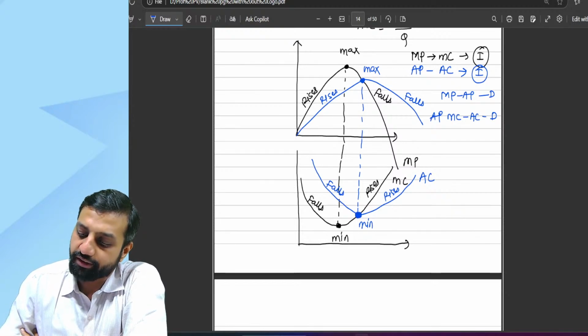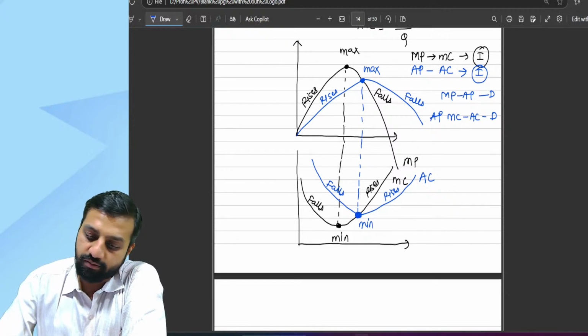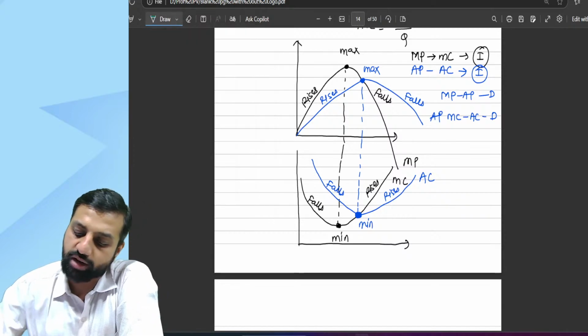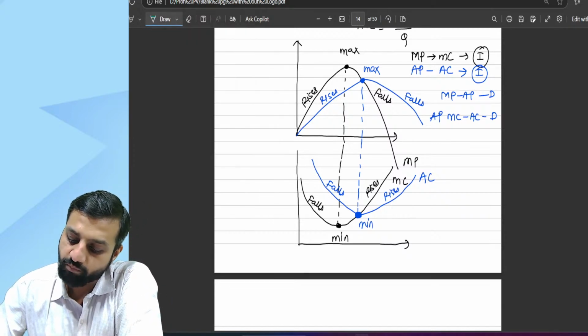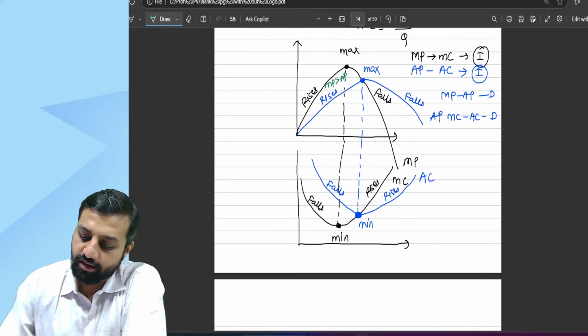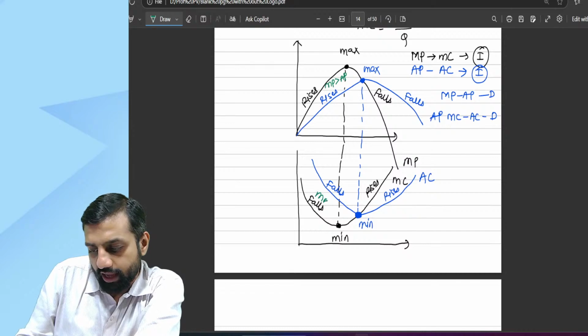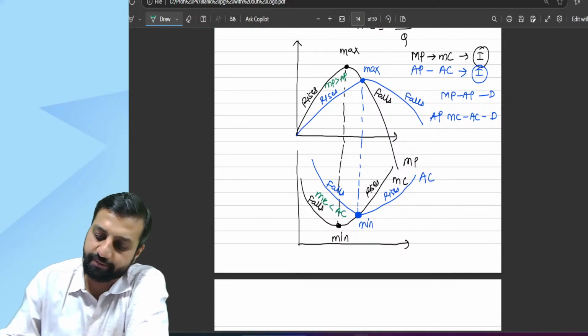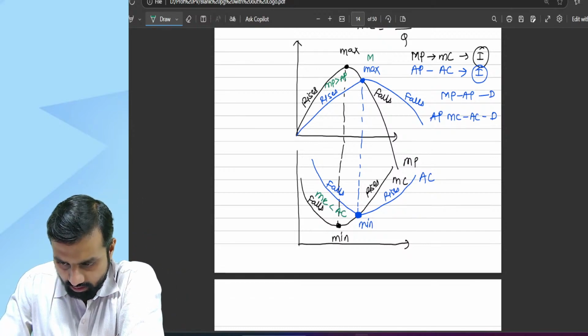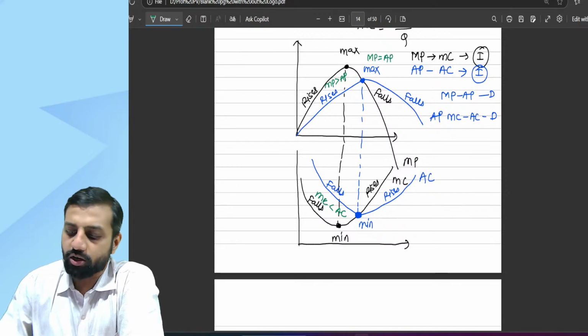This point over here, I can also write that MP is greater than AP. Over here, MC is less than AC. Over here, MP is equal to AP.